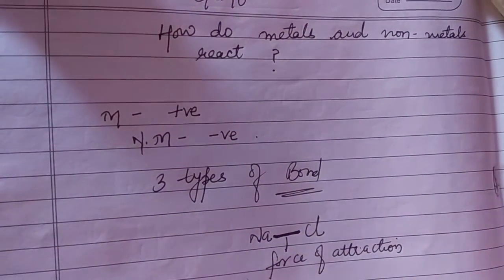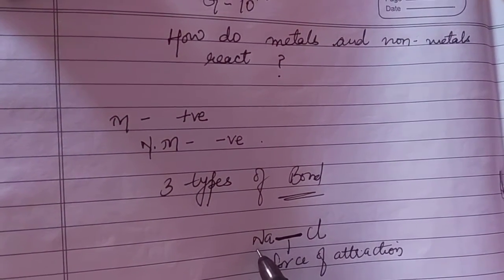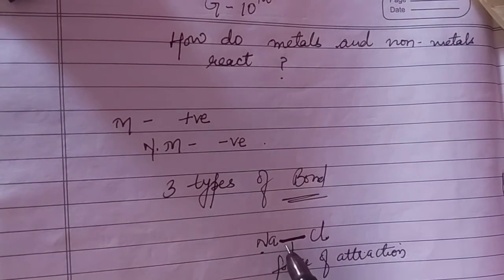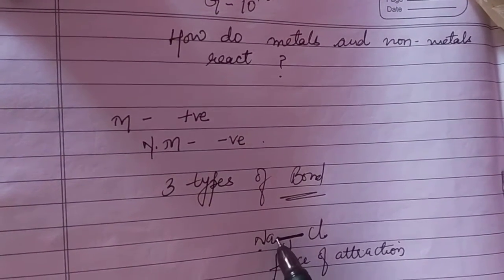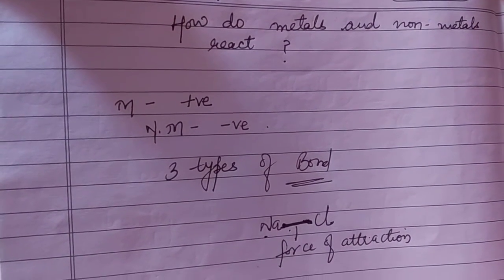And how does this happen? Actually, there is a tendency to lose the electron, and here is a gain of electron. Which things are going to combine here? Electrons are present here. How will they combine?